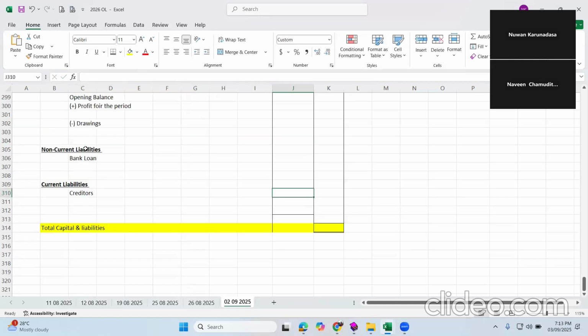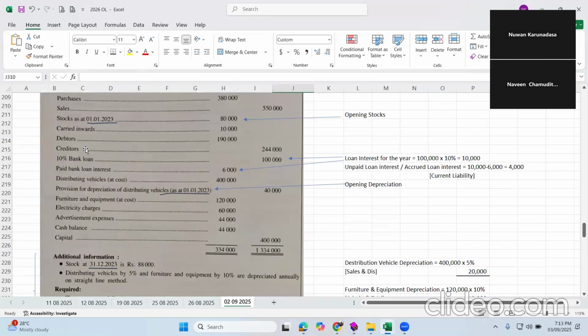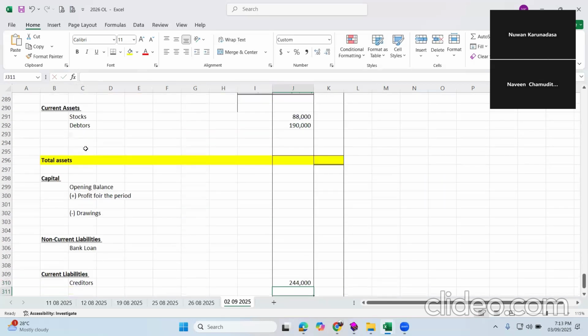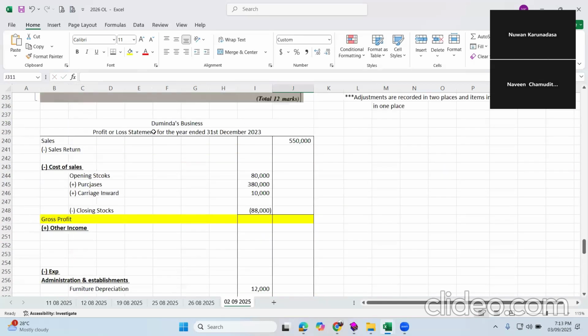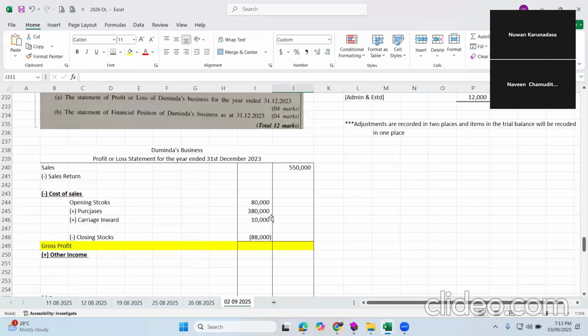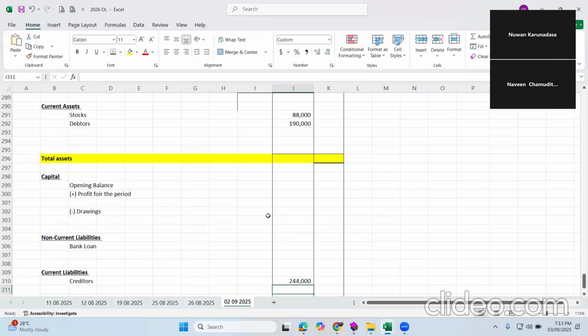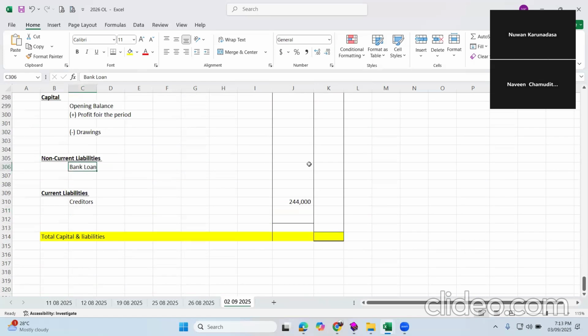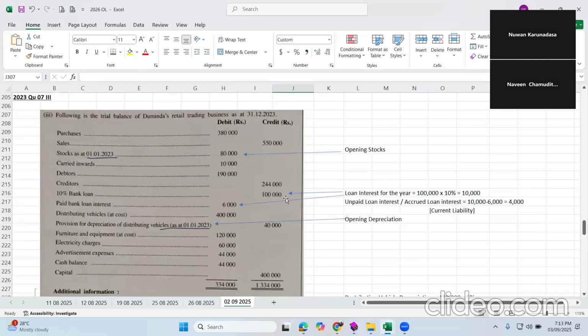Creditors here, it's 244,000. Then the next one, bank loan. Bank loan is a liability again, to the statement of financial position. To the non-current liability, the loan value is how much? 100,000. Bank loan 100,000. Then loan interest paid.